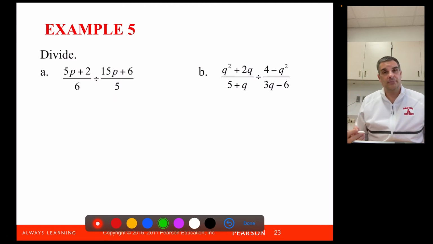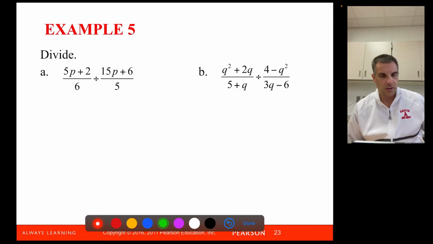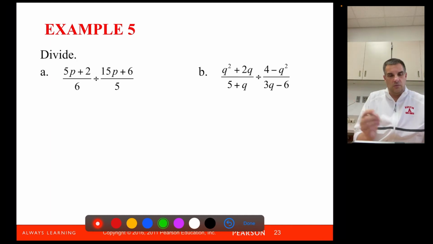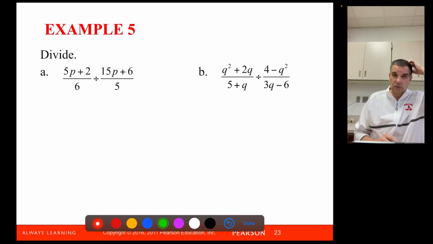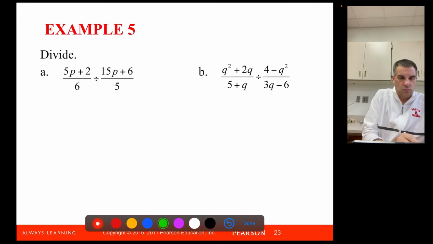So we're going to divide. The first thing I like to do when I do these is I rewrite it as a multiplication question first. Okay, so 5p plus 2 over 6 divided by 15p plus 6 over 5. So step 1, the first is going to stay exactly the same.